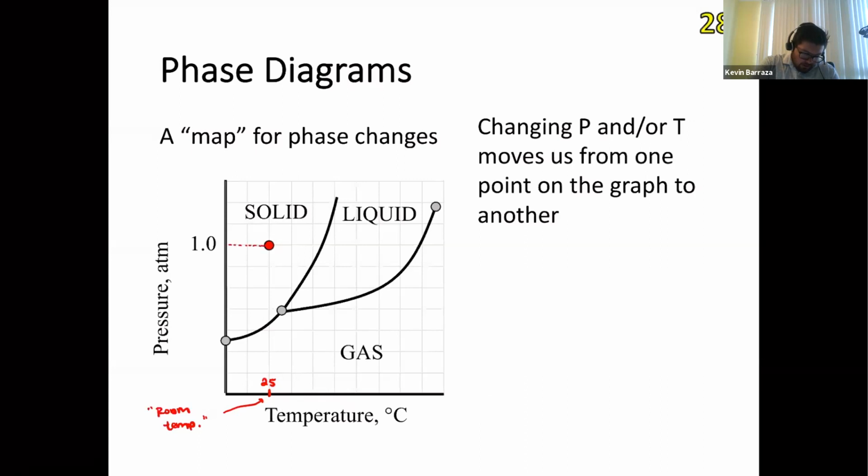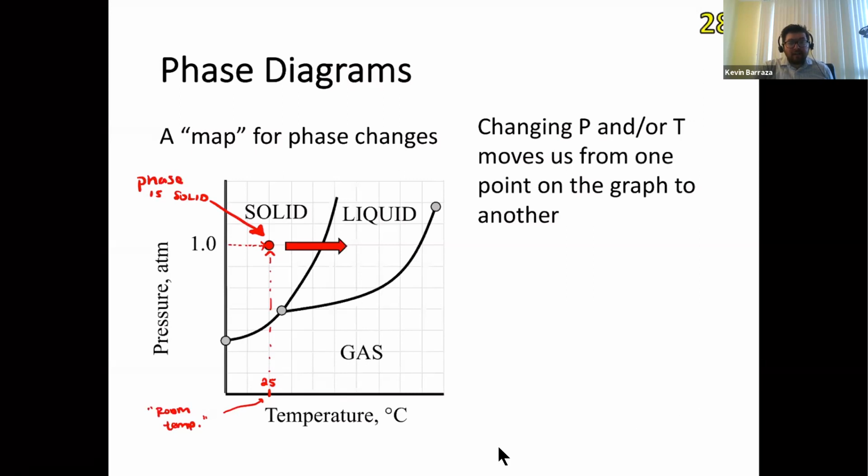So if I go here and I go here, my substance is a solid. And this is how we would read a phase diagram. If I'm at a different pressure or a different temperature, I would look to where that would land among all the phases.